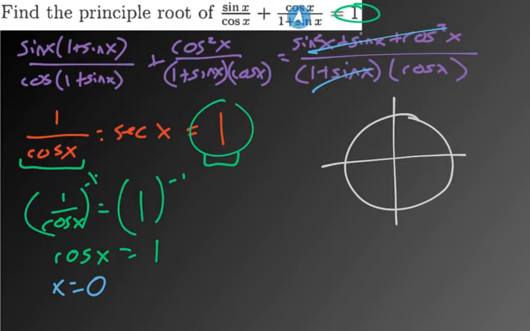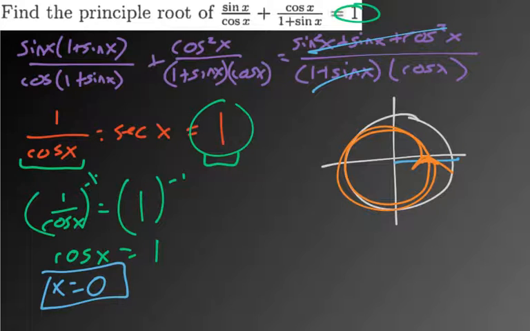So there are no domain issues, so this checks out, and it's good. So that's just the first root. Again, if the question had asked for all the roots, you'd have to keep going around and around the circle like that. But that is how you'd go about solving that trig equation.